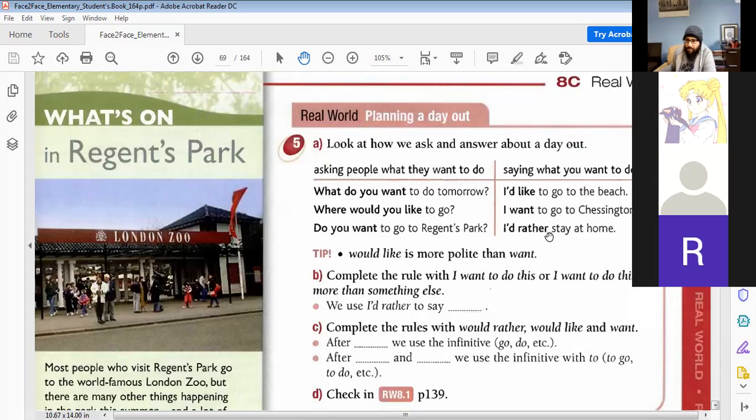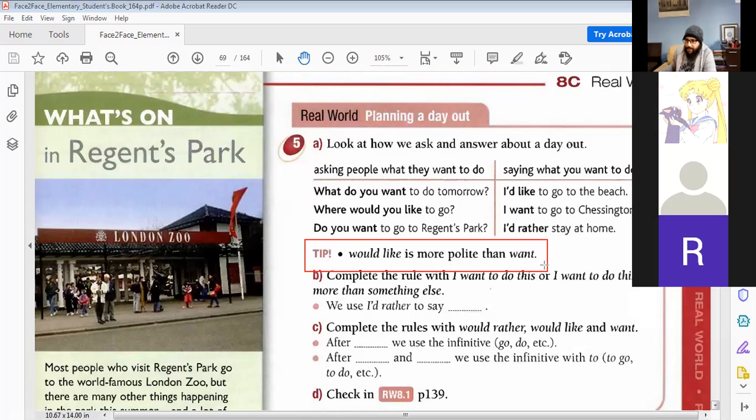I'd rather have a cup of coffee. I'd rather play video games, and so on. So this is how you can talk about what you want, and this is how you ask about what people want to do. All right. So you can see here the tip. Can you see this one? What does the tip say here?